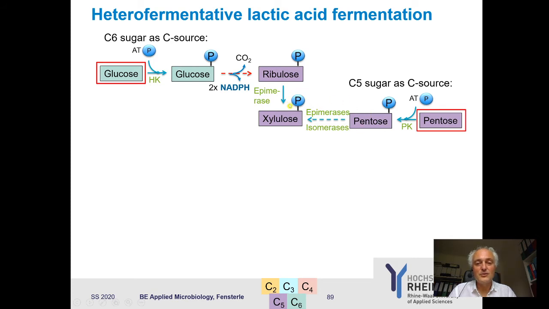So this is something where I don't need an oxidation in between. If I feed in a C6 sugar, I need an oxidation reaction in order to come to this ribulose, because I need to do a decarboxylation to come from C6 to C5. And first of all, I need to produce a carboxyl group, and this is an oxidation.